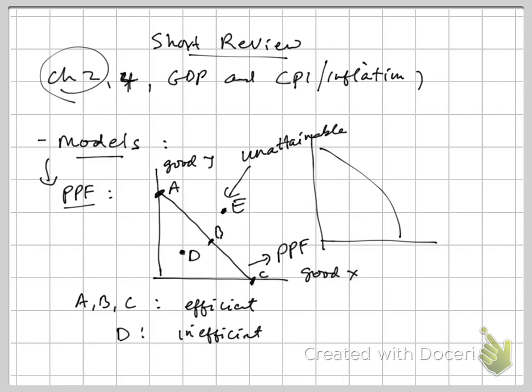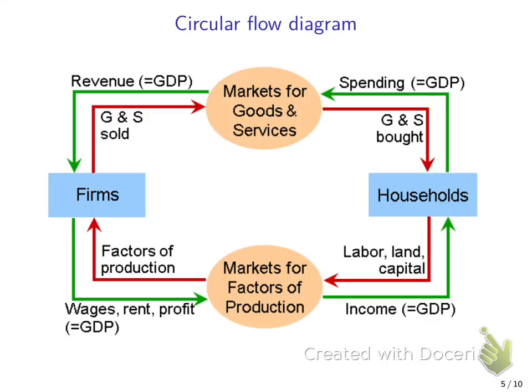And then we talked about the circular flow diagram. Let me see if I have a picture on that. The production possibility frontier we have seen. This is a circular flow diagram which explains the flow of resources and payments from households to firms, or from firms to households, through the two markets we have: the market for goods and services and the market for factors of production.